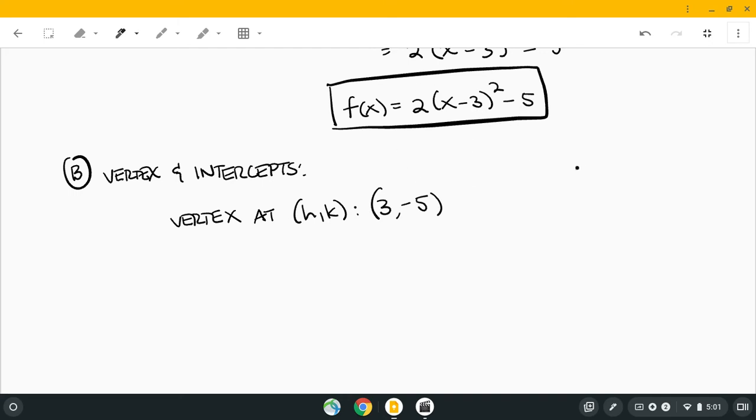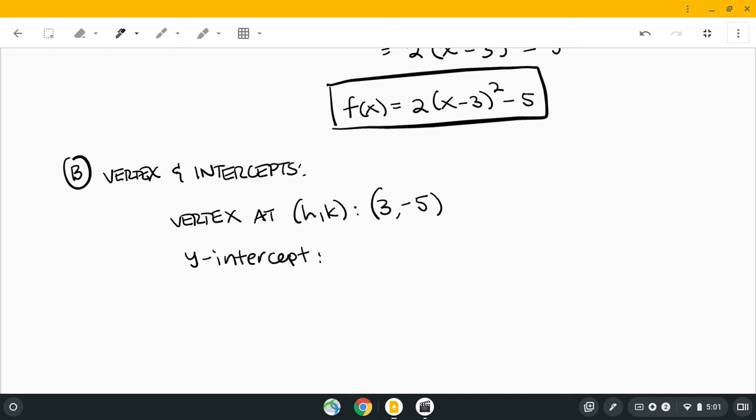All right, intercepts. Let's do the y-intercept. So we let x be 0.